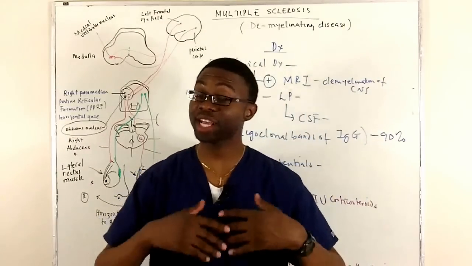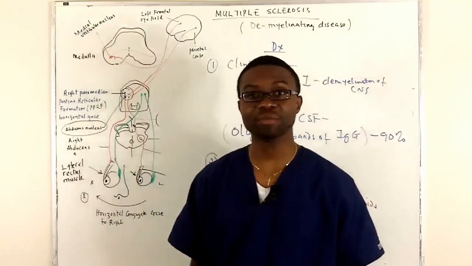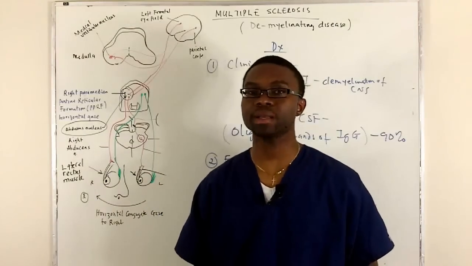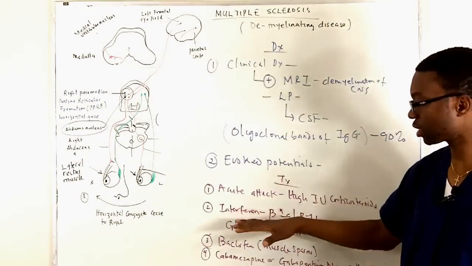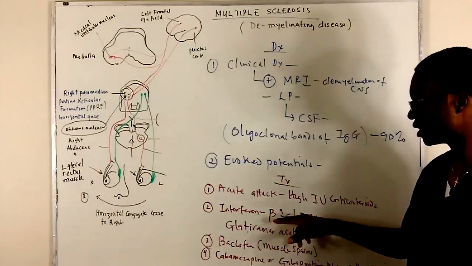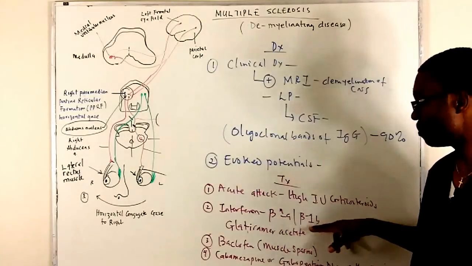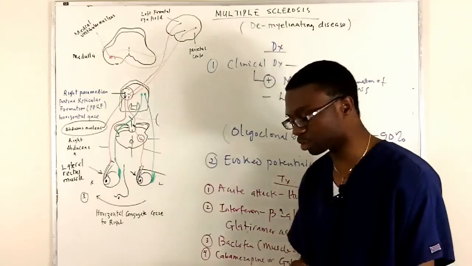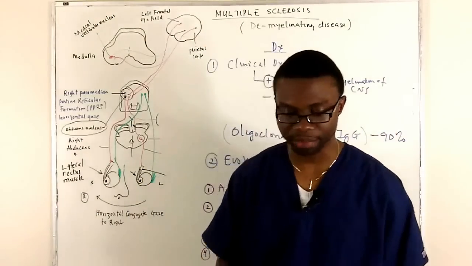And then if they have an acute exacerbation, which usually happens in patients that have relapsing and remitting disease, you want to start them on steroids right away. The drugs of choice to treat the disease are interferon beta 1A and beta 1B, and the way I remember it is it's better to treat MS. So it's beta 1A and beta 1B, and glatiramer acetate, baclofen for muscle spasm, carbamazepine, and gabapentin for neuropathic pain.